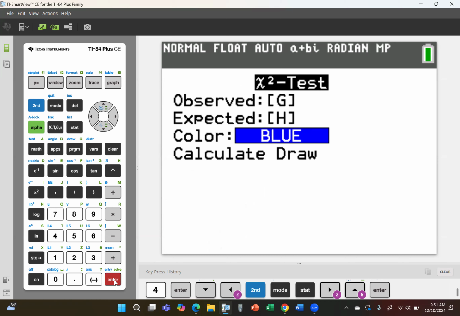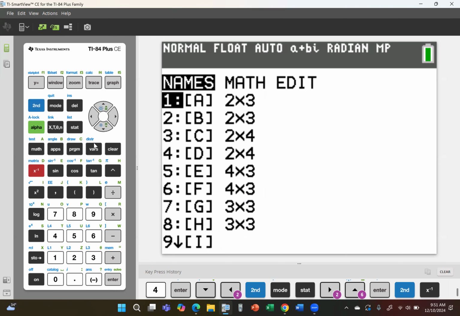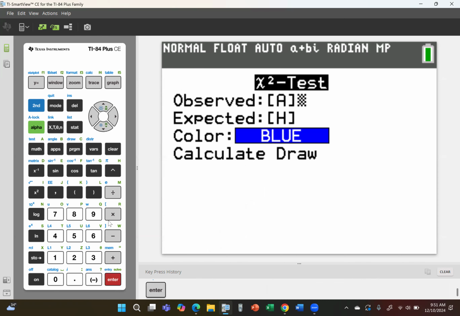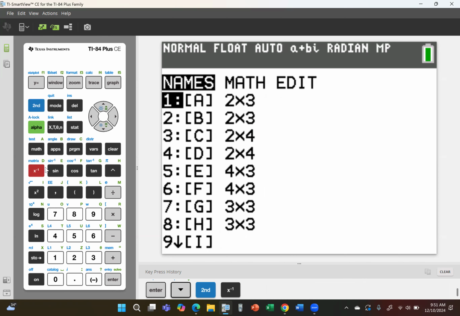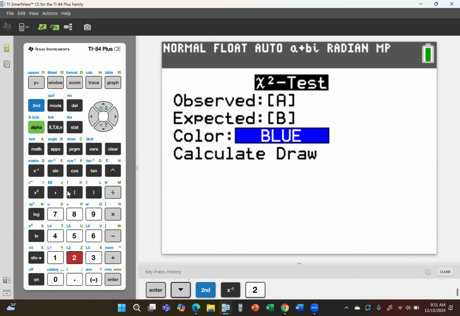I put my observed values in matrix A. So I have to tell my calculator that. So I go second inverse A, number 1. And then I put my expected values in B. So second matrix number 2. And are we good to go here?